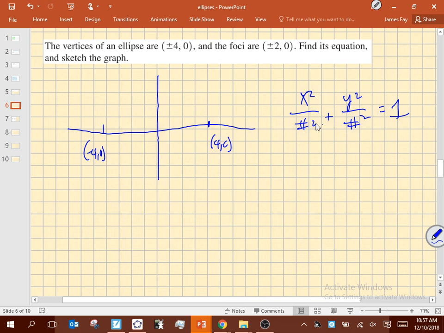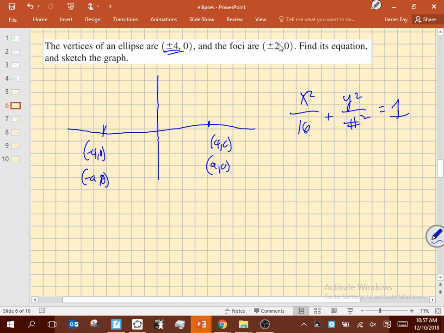Well, these numbers here come from knowing where my ellipse had a major axis, and it's at, remember, this is a, comma 0, and this is negative a, comma 0. But a was found by just taking the square root of this number. Well, if I take the square root of a number and got 4, that number had to be 16. And I know to put that under x because x is my major axis. If my major axis was, maybe at this point was 0 and negative 4, then that would be my major axis on the y. So then I would put that 16 under here.